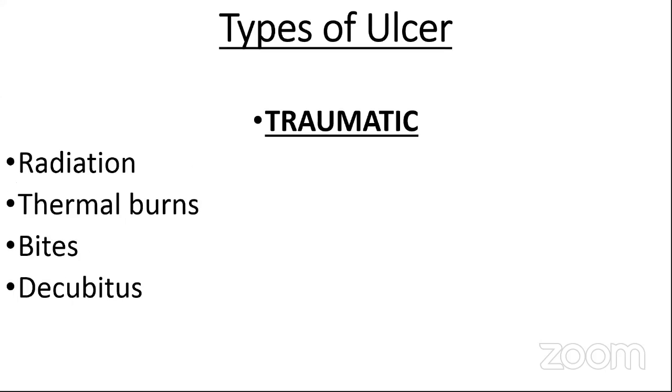The discharge can be foul smelling and greenish in color. Now, traumatic ulcers usually happen in radiation, burns, thermal burns, bites, and in decubitus ulcer, in a patient who is long-standing lying down on the back, with pressure over the sacral area or over the posterior heel. All these patients can develop decubitus or pressure ulcer.